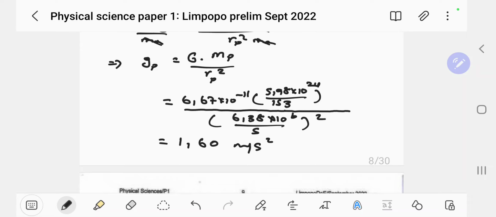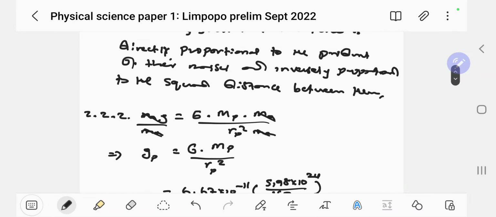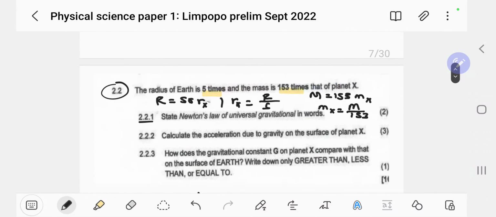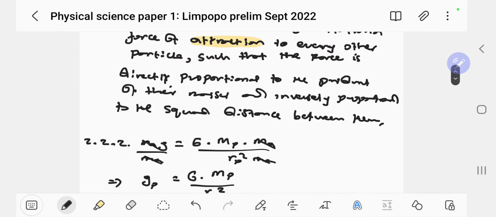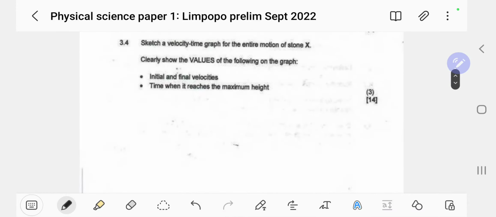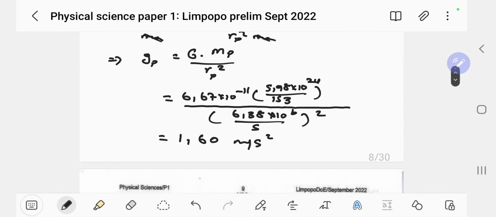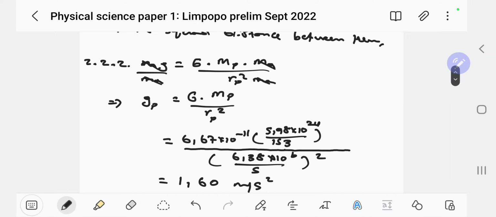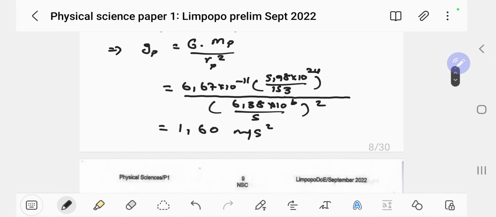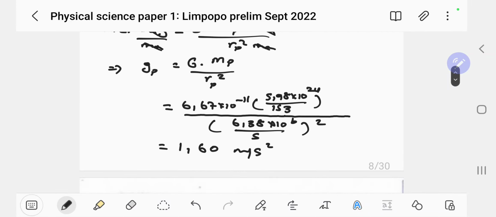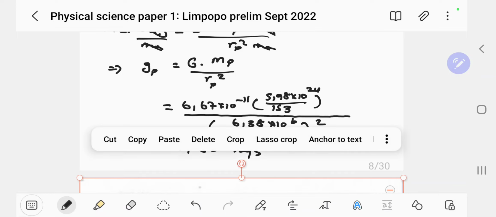And then what is the direction? Did they say magnitude? They just said acceleration due to gravity. So what is the acceleration due to gravity? Remember, acceleration is a vector quantity. Where are we? We just ran out of space. Okay. So what is that, guys?